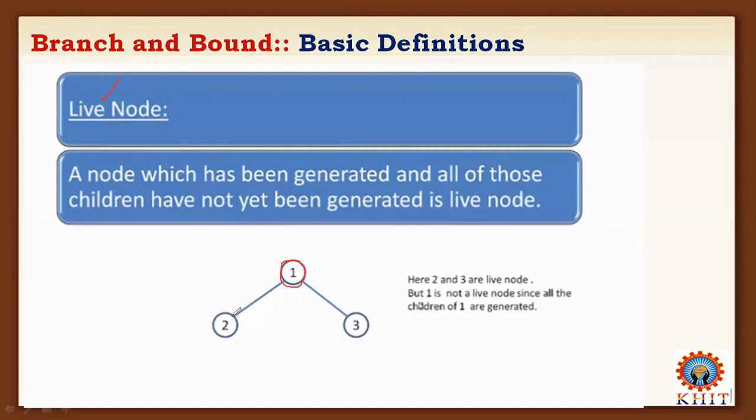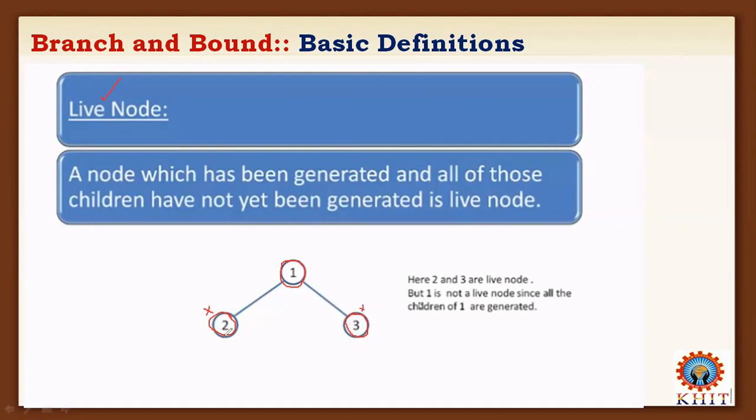If you consider node 2 and node 3, there is no way of further child nodes being generated for them.